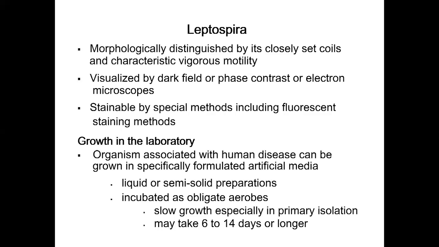They could be in a liquid form or semi-solid media preparations, and they are grown. These media are inoculated and incubated in air. So the organisms grow as obligate aerobes. And their growth is slow, especially when they're being grown for the first time from a specimen, that is a primary culture. It can take 6 days up to 14 days, and sometimes even longer than 14 days.